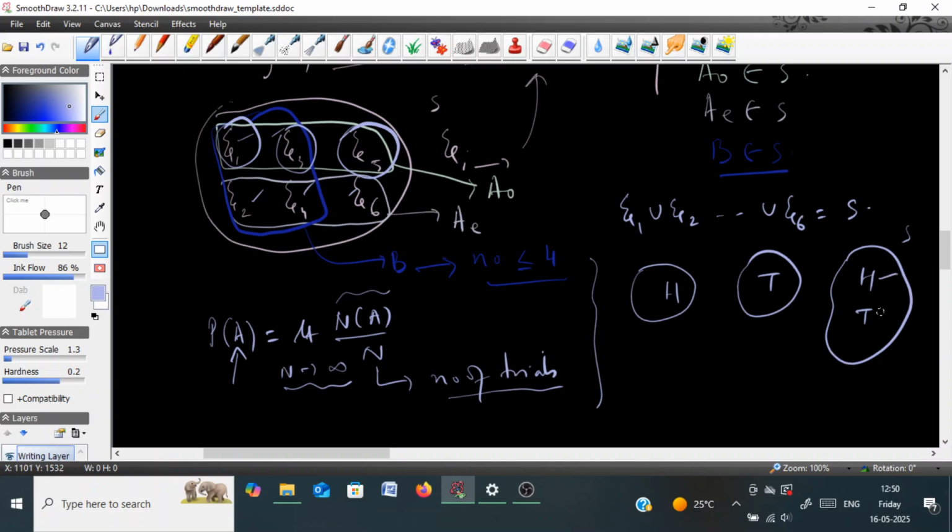These two are the elementary events. So the probability of head will be equal to the probability of tail, which in this case is half. Because if you repeat this experiment over and over again, you can expect that half of the times head is going to occur and half of the times tail is going to appear. So the probability of head and tail in this case is the same, that is 1 by 2.